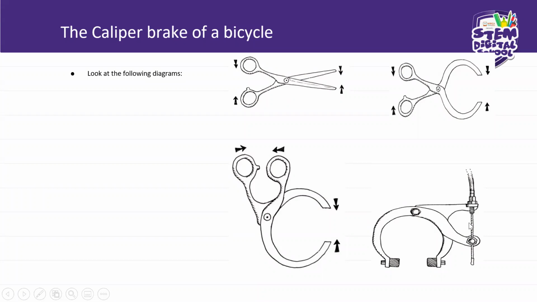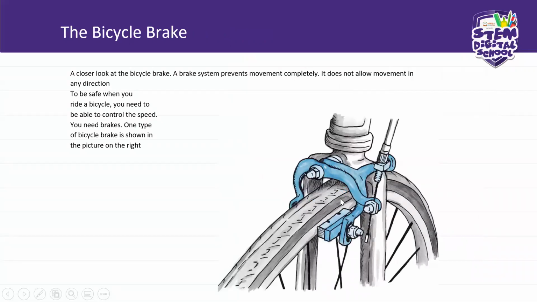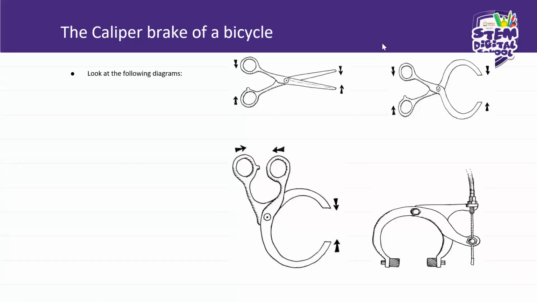When this closes, then what will happen? This caliper part of the brakes will hold the wheel like this, okay? This is the system of the brakes of a bicycle. It is better illustrated here when it is compared to the calipers. So that is why it is called a caliper braking system.